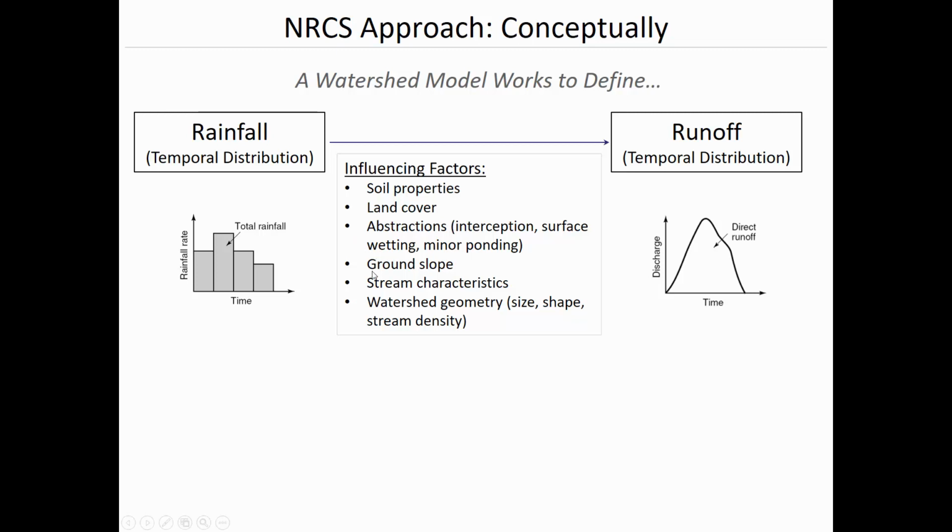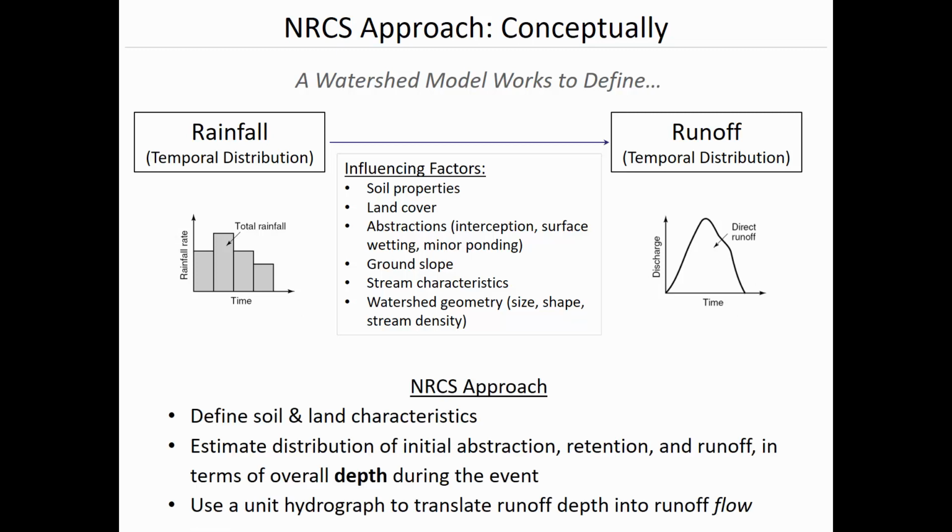The slope can be in there, the stream characteristics, and then the shape. So all of these factors are taken into account by the model when it translates what the rainfall response looks like to the runoff from the watershed.